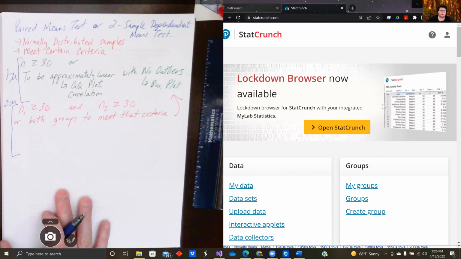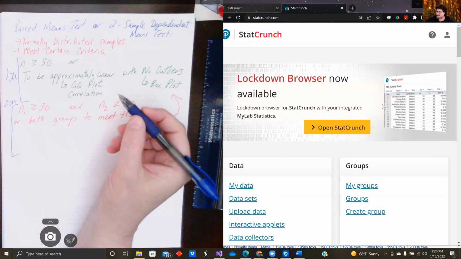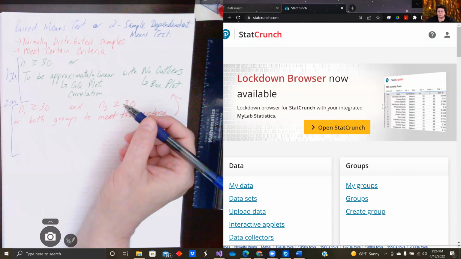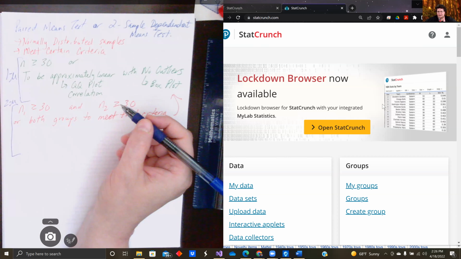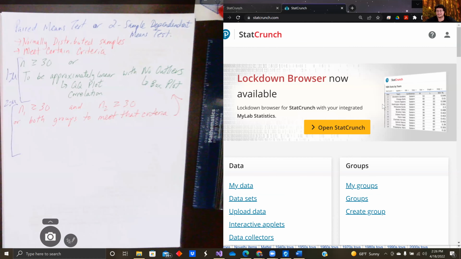So we want those for the one mean or for the two mean. But since it's a paired test, they actually need to be paired up so that for every member in the first group, there is a pair to it in the second group.